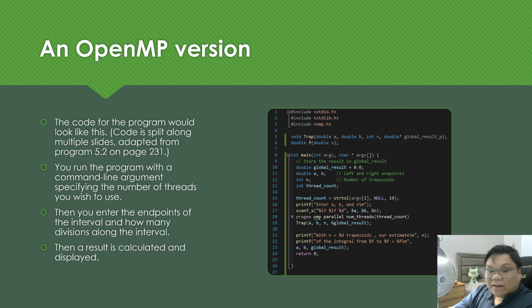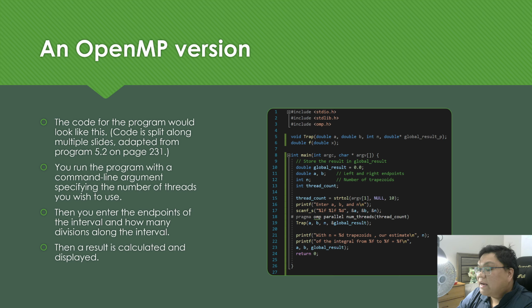But you can do it if you wanted to. The point is, either way, you're going to have to pass in A, B, and N. In this case, we're just going to pass in, as a command line argument, the thread count. And then, when the program runs, you're going to have to enter A, B, and N, one after another.